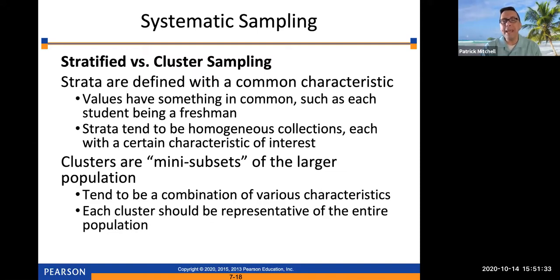Whereas clusters are mini subsets of the larger population. Again, each cluster is a good representative sample. They tend to be a combination of various characteristics, so that would make them heterogeneous, right? And again, each cluster should be representative of the entire population.